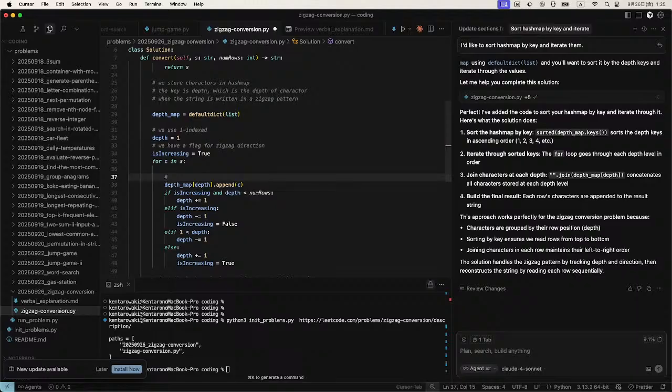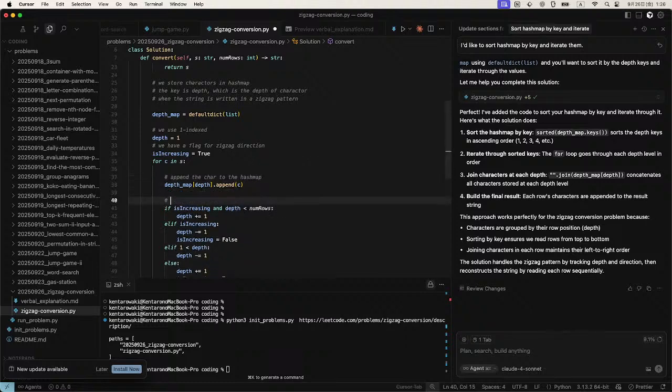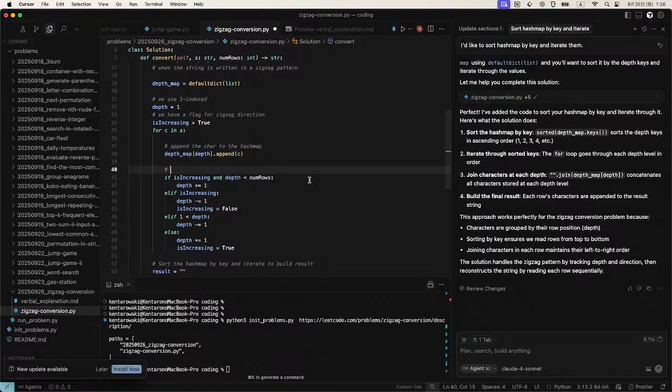And append the character. And in this case we just increment the depth.